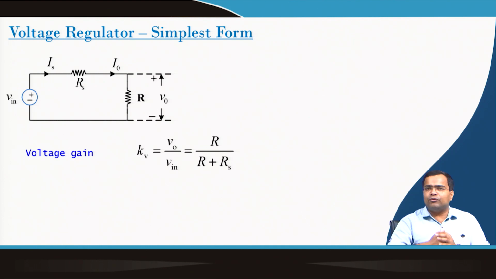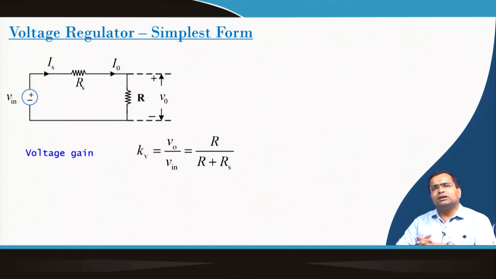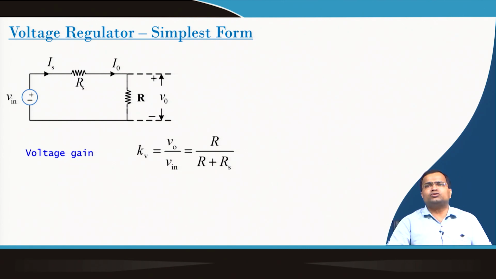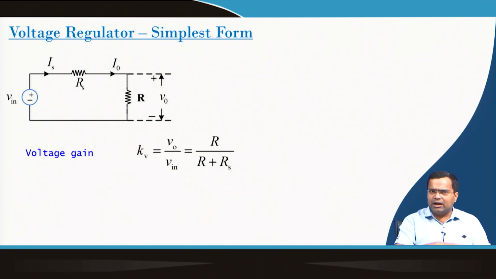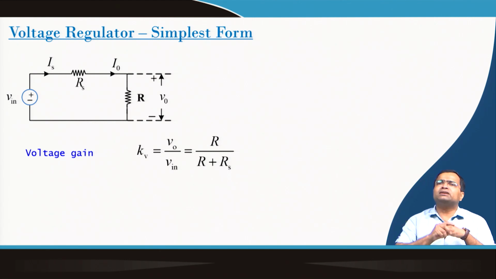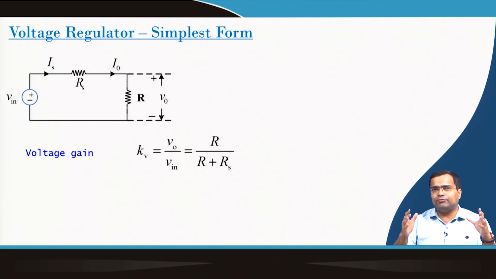Here the input voltage can vary, the load resistance can vary, but we need to regulate the voltage. In order to regulate the voltage, the degree of freedom we have in our hand is the variation of the source resistance. So, we can vary the source resistance in a way that the output voltage is maintained at its desired value in spite of variation in input voltage and or in load resistance.